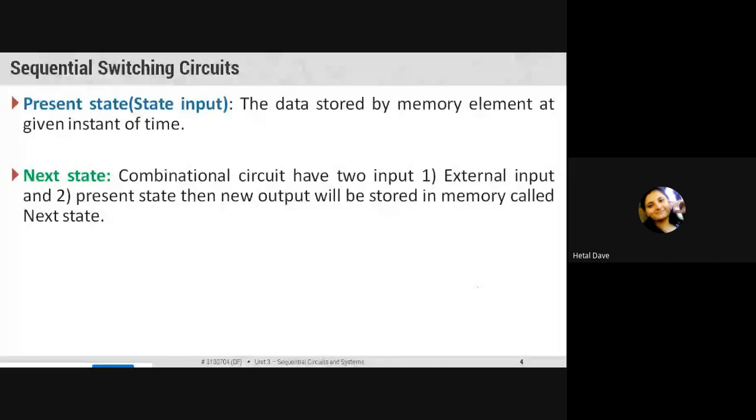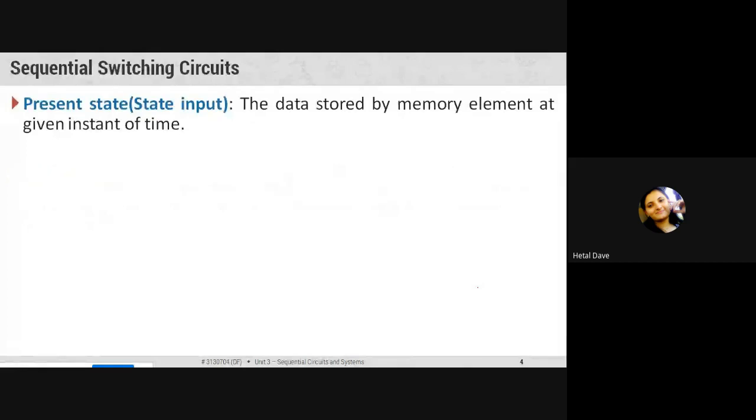Is there any doubt in present state and next state? Write down the next state definition on your own. The combinational circuit will have two inputs: external input and the second input, its own state. From the external input and present state, a new output will be generated. This new output will be called the next state.